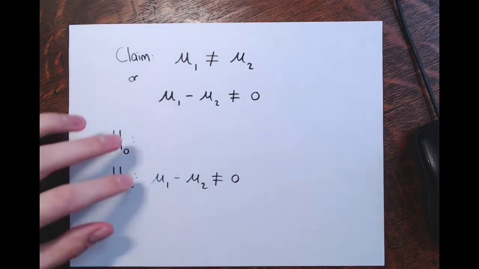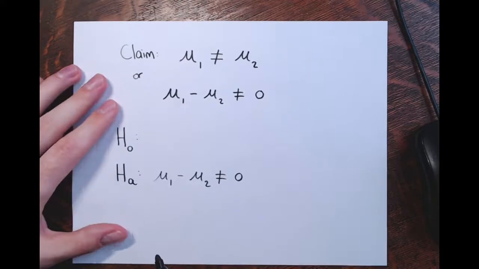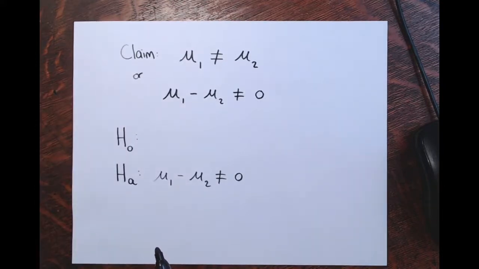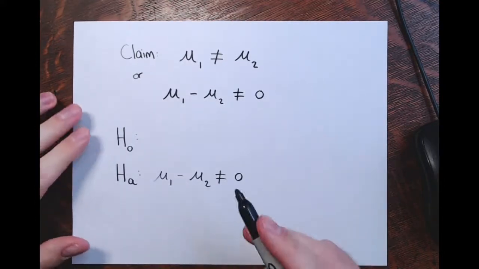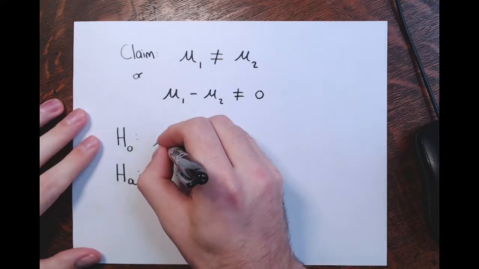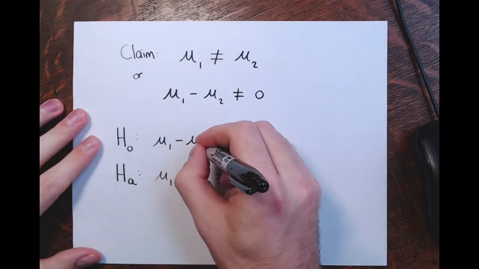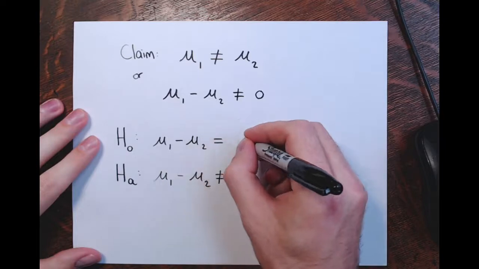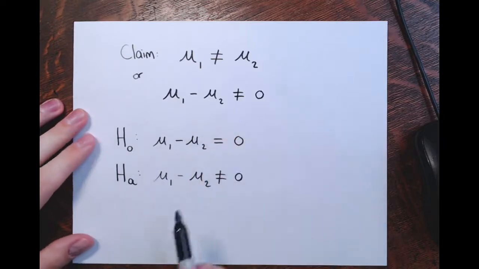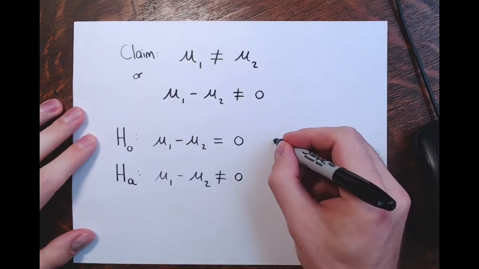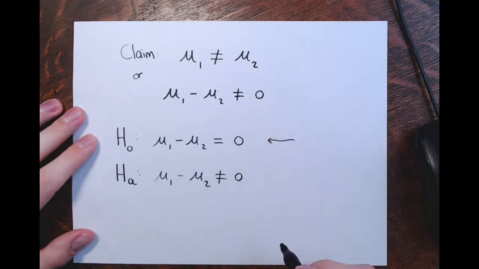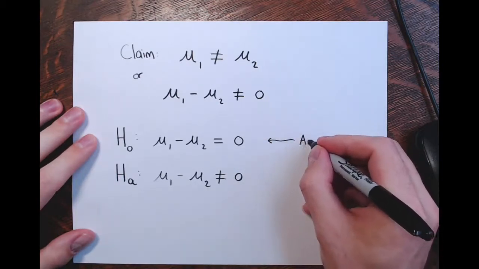The null hypothesis and alternative hypothesis should be opposing statements, and the opposite of is not equal to is equal to. So the null hypothesis is what you'd assume, and then decide whether or not you're going to reject it later.